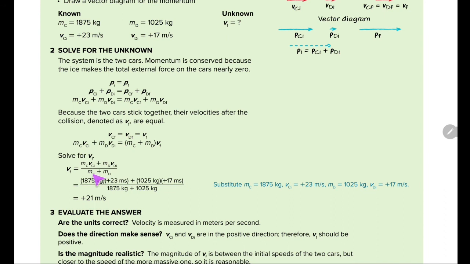Also here we have mC, which is 1875 kilogram plus 1025 kilogram. By using the calculator, our final solution for V final will equal positive 21 meter per second. And this is the final solution for this question.